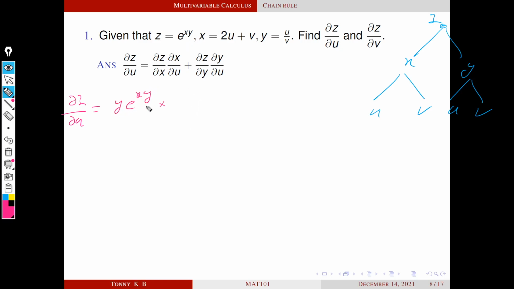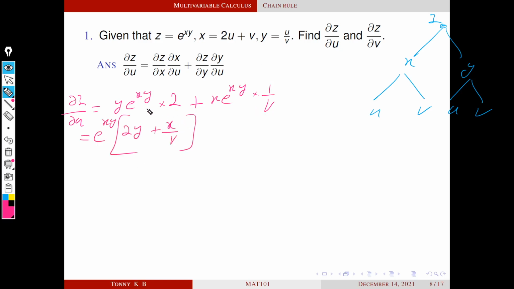This is y e raised to xy, e raised to xy into the derivative of xy with respect to x, that is y, into the derivative of x with respect to u, that is dou x by dou u, that is 2. So this is the derivative of z with respect to y, and this is dou y by dou u. For dou y by dou u we can treat 1 by v as a constant, so this becomes 1 by v.